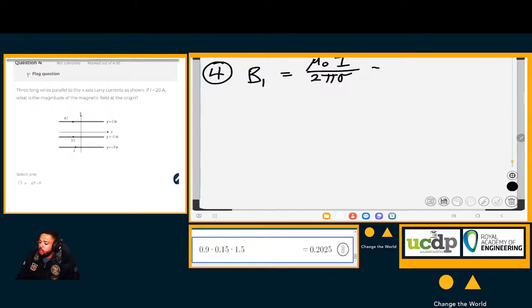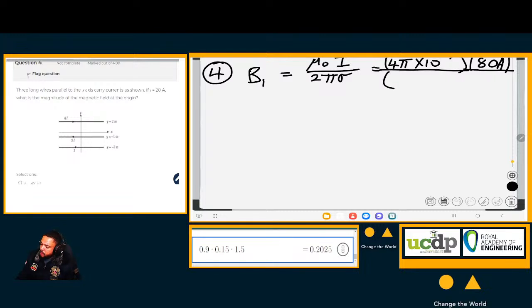Now if we plug in what we've been given, which is that mu naught is 4 pi times 10 to the negative 7, and then of course the current is 4I, which is just 80 amperes because I is 20 amperes.